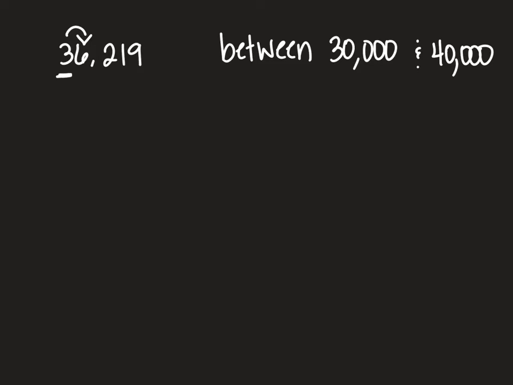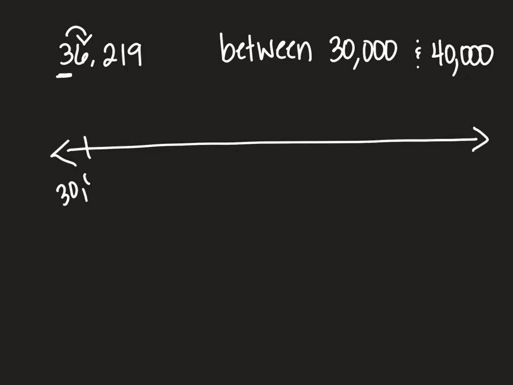So when I draw my number line, I know that I'm going to have 30,000 and 40,000. What would be the midpoint? Hudson? 35,000. Yes, 35,000.